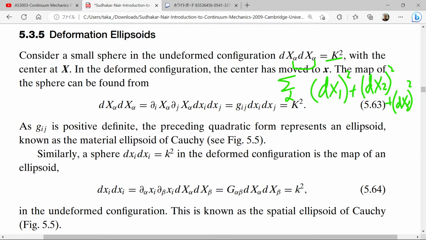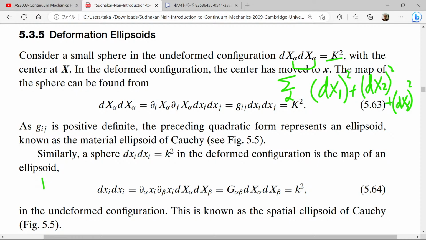The map of the sphere can be found from dX alpha dX alpha equals partial i X alpha, partial j X alpha, dxi dxj, which is g ij dxi dxj equals k squared.